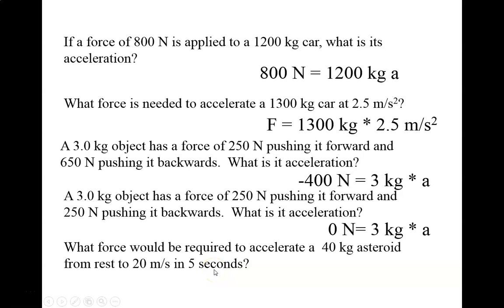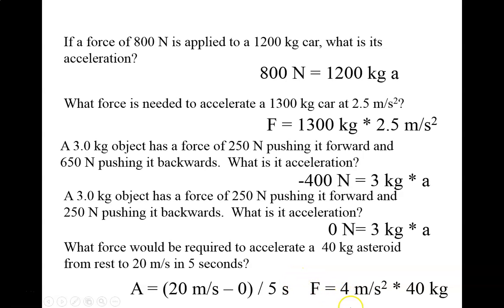Going back to the previous unit, remember that the acceleration is equal to v2 minus v1 all over t. So we're going to solve for a: v2 is 20 minus v1, which is 0, divided by the t, which is 5. So my acceleration is going to equal 4 meters per second squared.